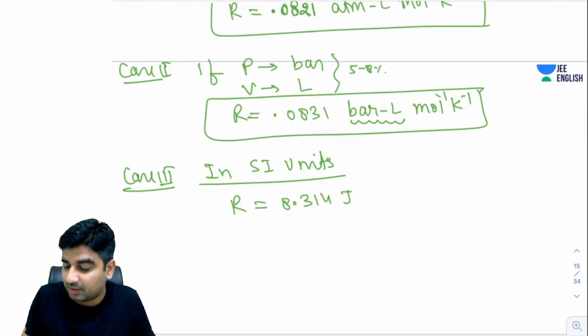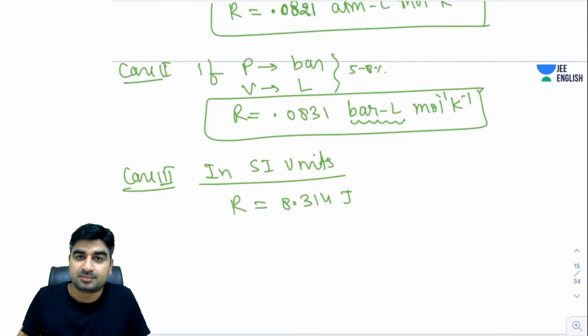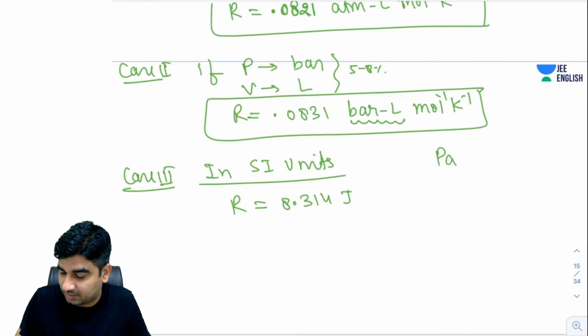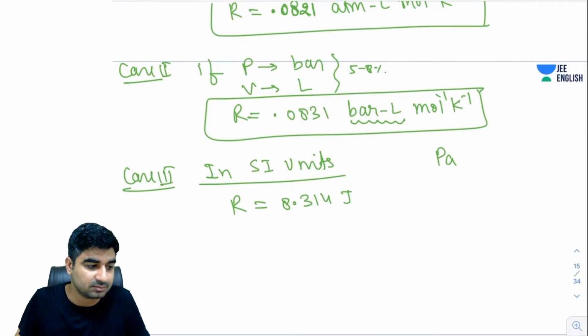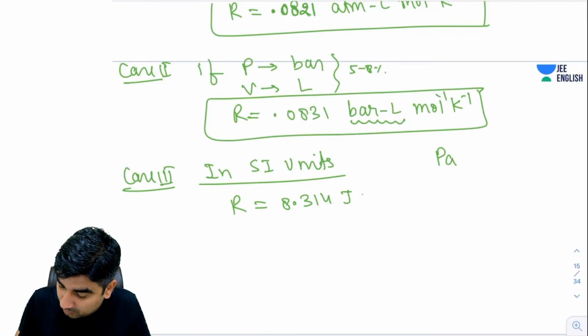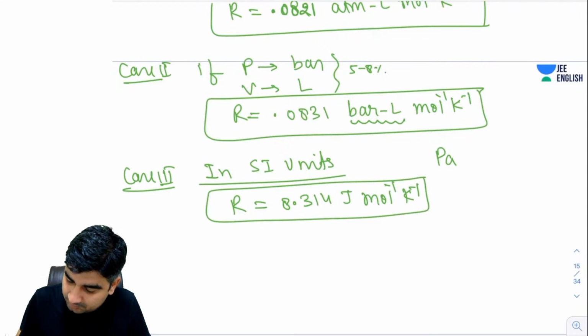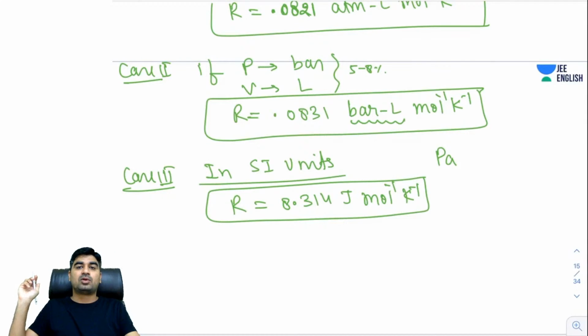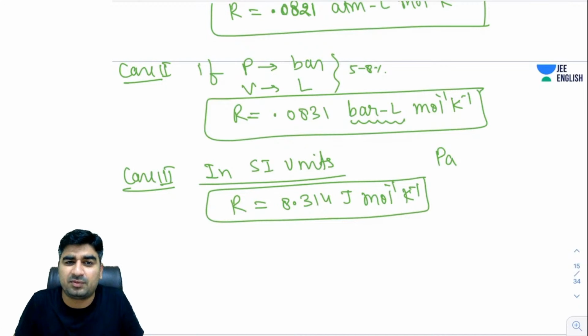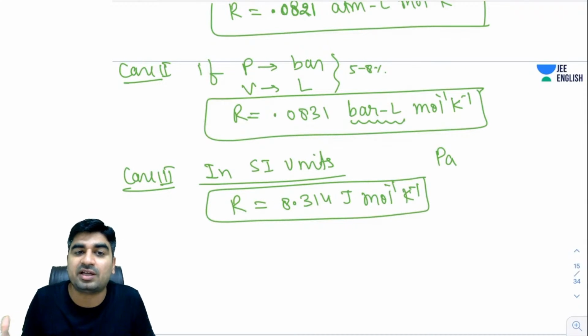Bar liter is basically joule, because pressure is Pascal and volume is meter cube. So now it is joule mole inverse Kelvin inverse. It is the SI unit, and we will use it rarely. In thermodynamics, it will be used extensively, so you should know the value.